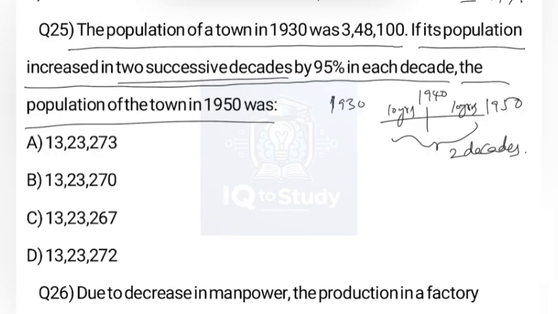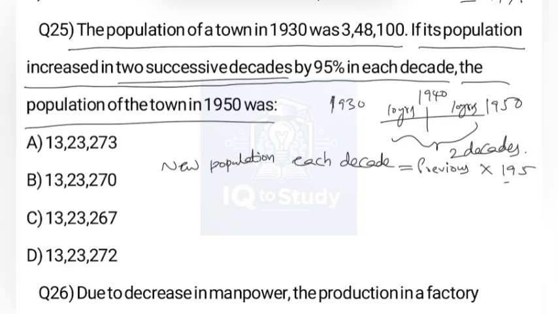New population for each decade is equal to previous into 195 by 100, because it increases by 95% in each decade.